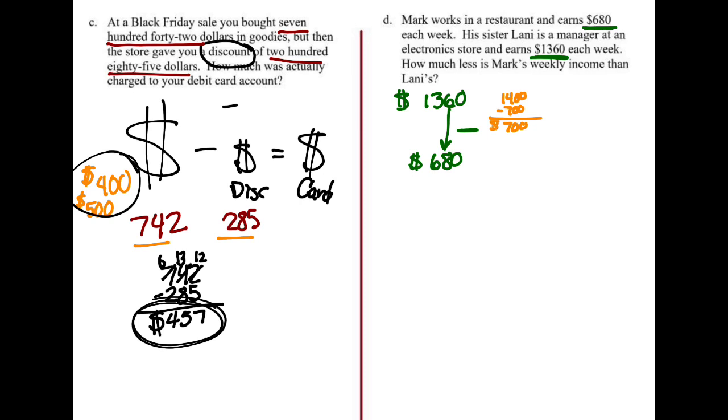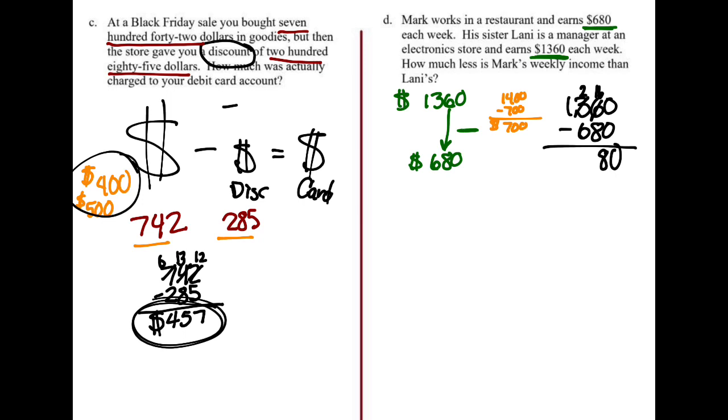Okay, so my plan is just to subtract and see if that's what we get. So 1360 minus 680. Subtract, you get 0 minus 0. 6 minus 8, you can't do it. So borrow from the 3, it's a 2. 6 is now 16. 16 minus 8 is 8.